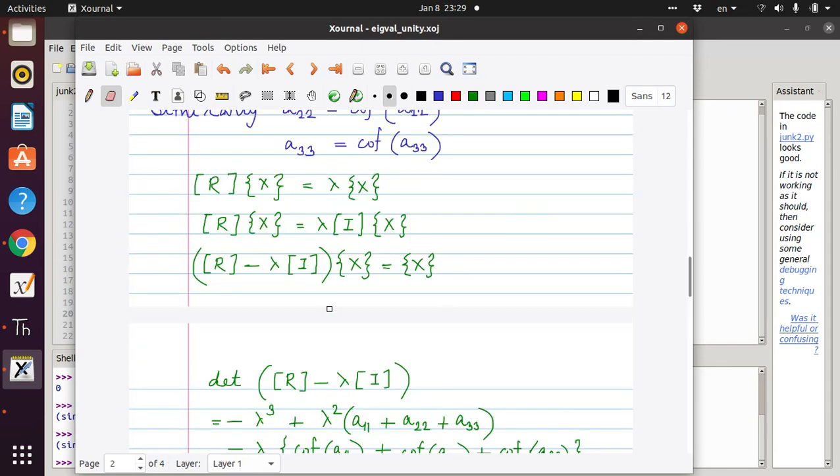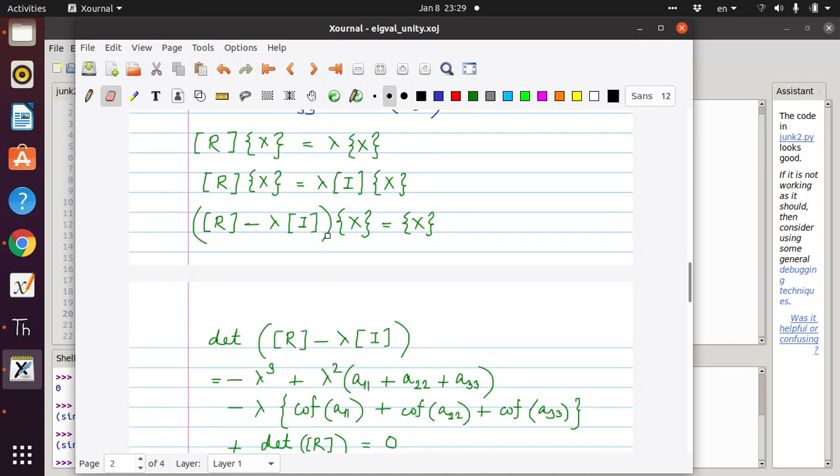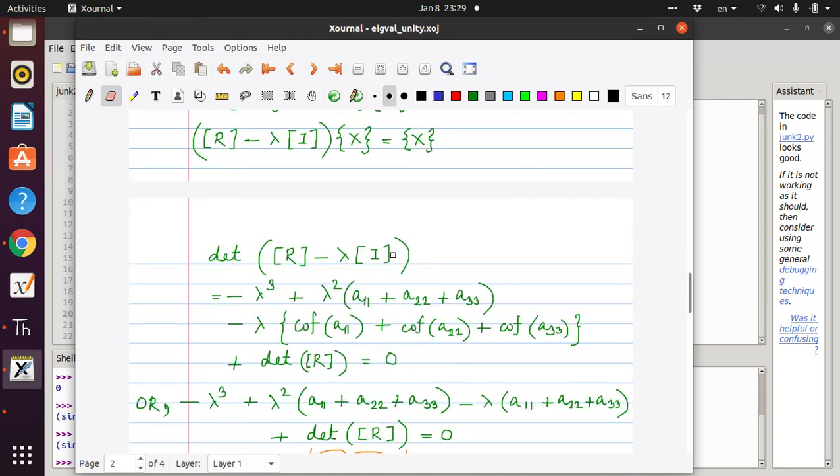Now what do we get out of this? Here you see we are interested in finding out the eigenvalue of the rotation matrix. That means this. Now the determinant of this has to be 0. So what is the determinant of this?